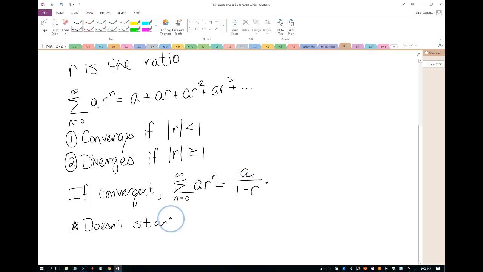So if it doesn't start at n equals 0, let's say it starts at 2, we can still use our formula because that's going to take care of an infinite number of terms for us. But this formula assumes it starts at 0. So the 0 term is missing and the n equals 1 term is missing. So what we do is we just subtract off the 0 term and the 1 term. I'm going to call them a sub 0 and a sub 1.